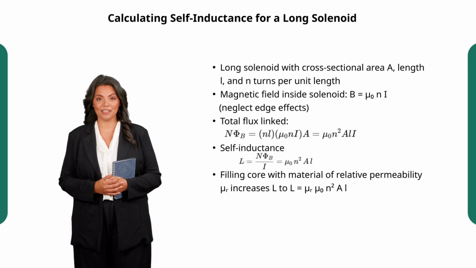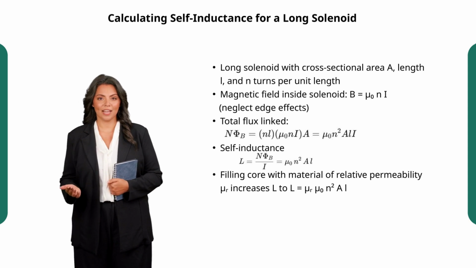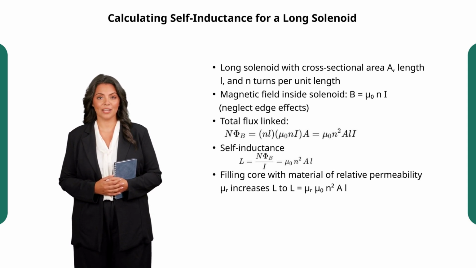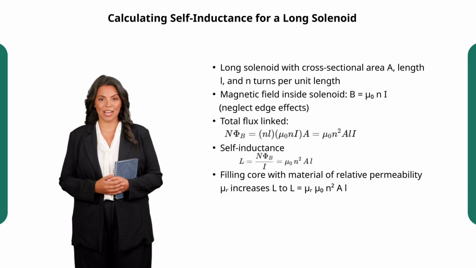The total flux linked with the coil's turns is N Φ_B, the total number of turns nL multiplied by the magnetic flux per turn, which equals the magnetic field times area A. This flux linkage comes to μ0 n squared A L I, revealing a neat quadratic dependence on turns per unit length.